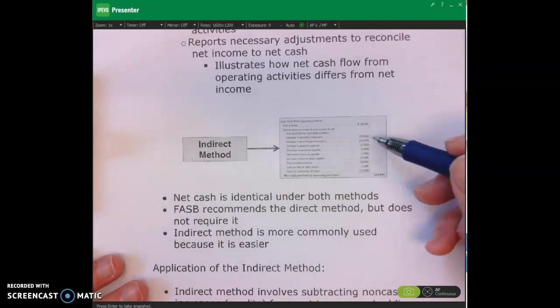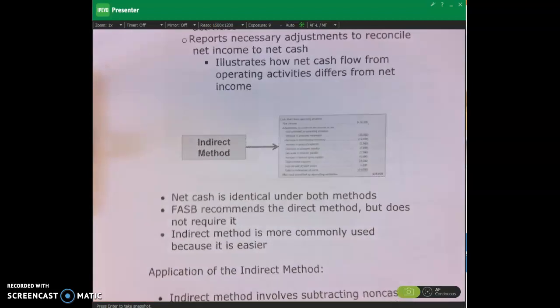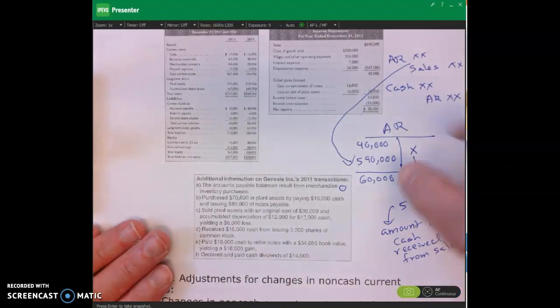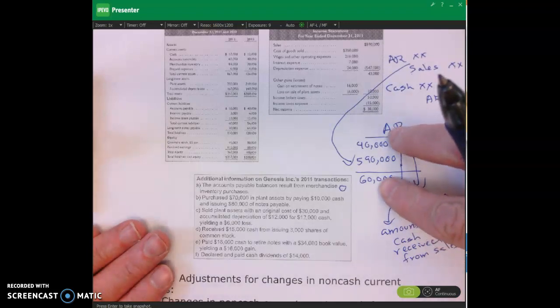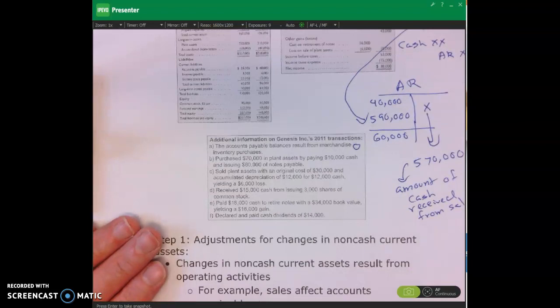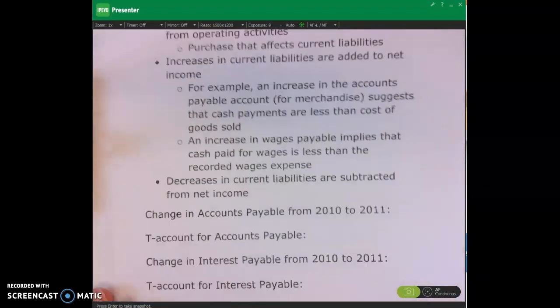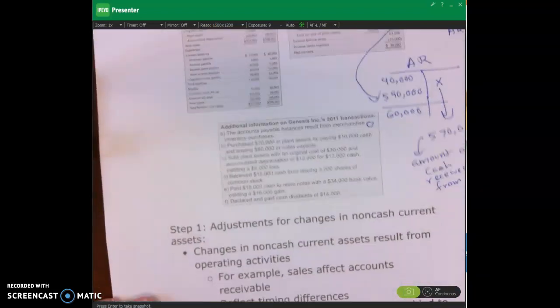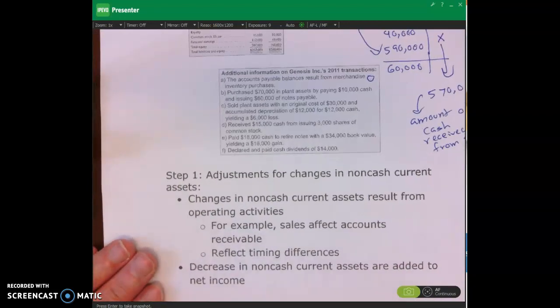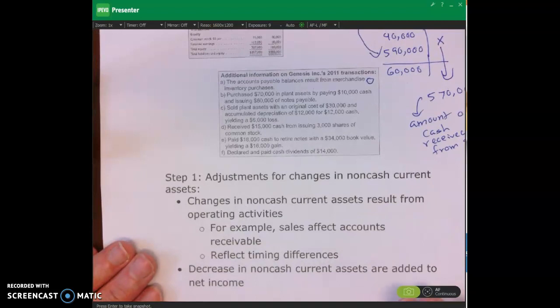And then we have our increase in accounts receivable. What do I mean by that? It went from 40,000 to 60,000. How much did it increase by? 20,000. Now, if we look at this rule that we have for our non-cash current assets, any increase to a non-cash current asset is subtracted.